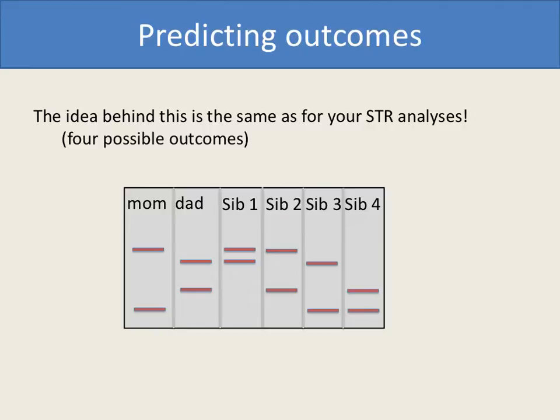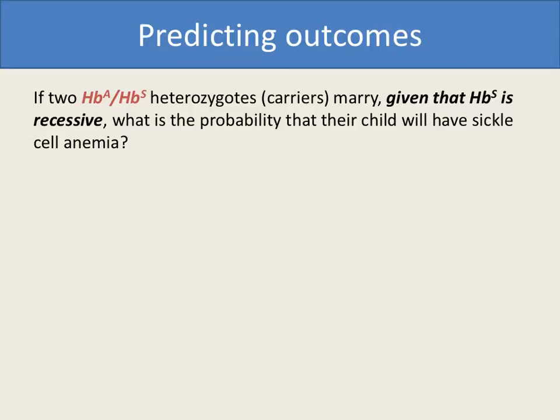Oh, so we're going to start doing what's called a Punnett square. It's kind of like this. This is just all the different variations that you can find. Okay, let's predict the outcomes of something called a Punnett square. Very simple.